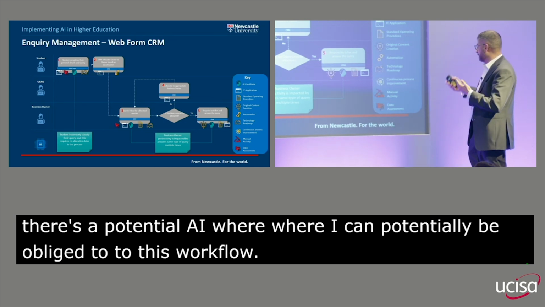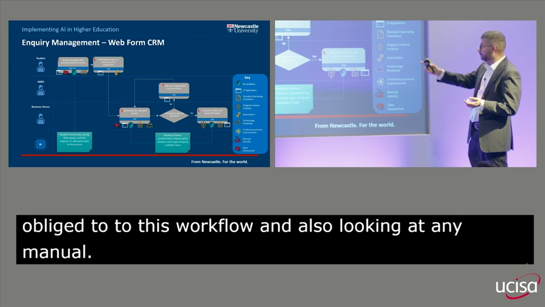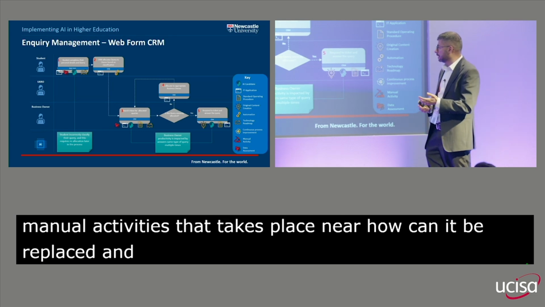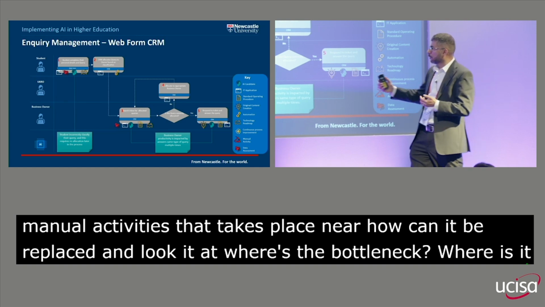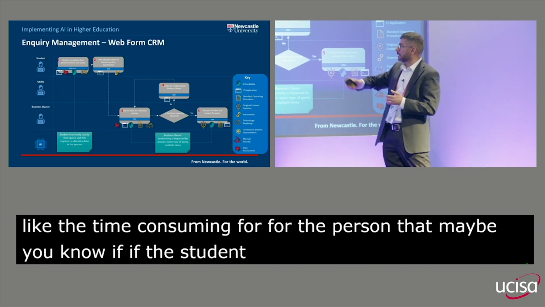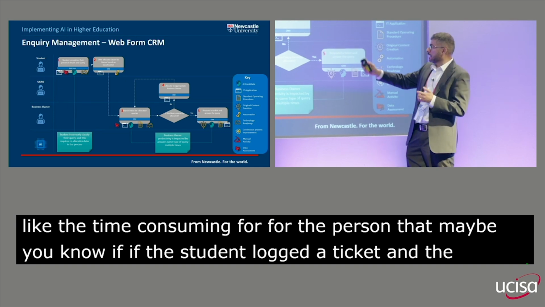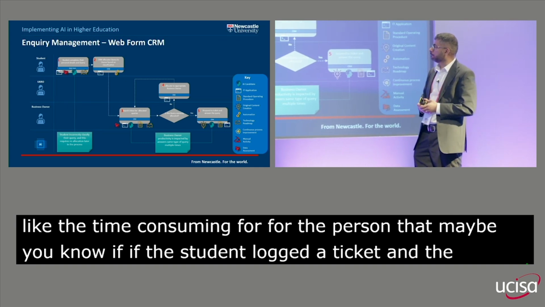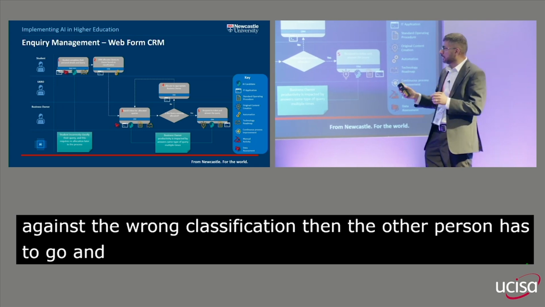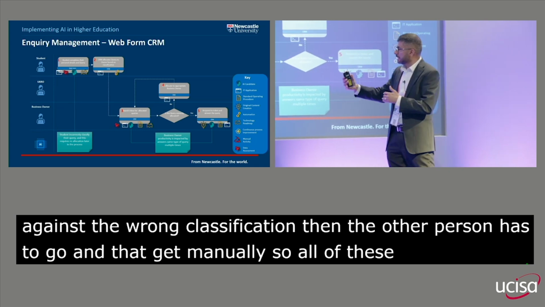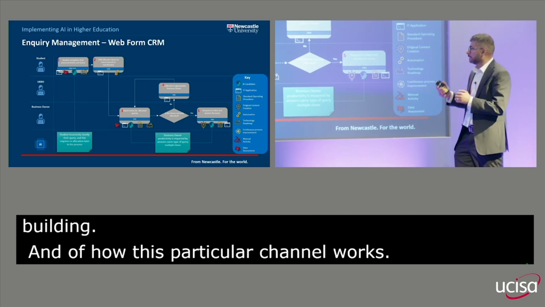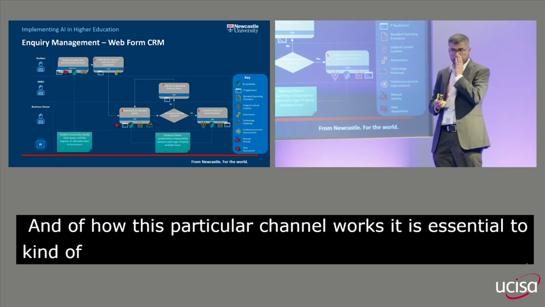We also look at any manual activity that takes place, how it can be replaced, and where the bottleneck is, where it is time consuming for the person. For example, if a student logged a ticket and tagged it against the wrong classification, then another person has to go and tag it manually. So building an understanding of how this particular channel works is essential to understanding where we can utilize AI or where we can't.